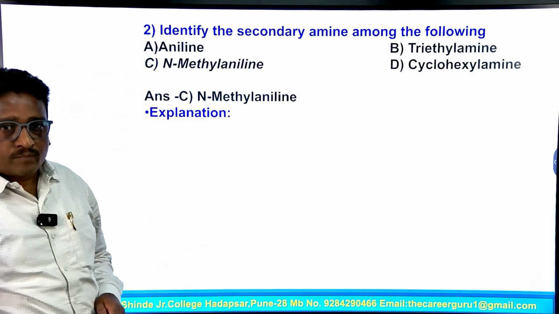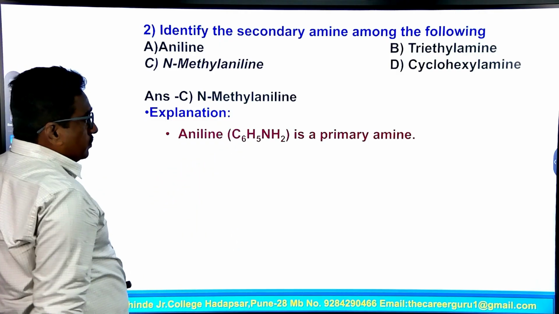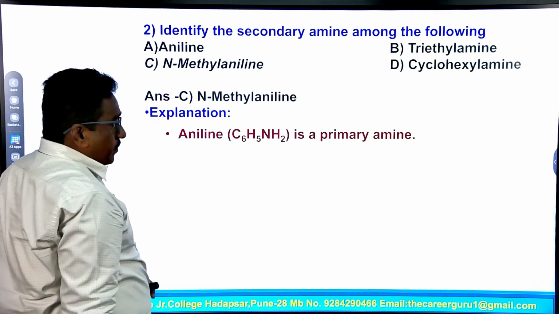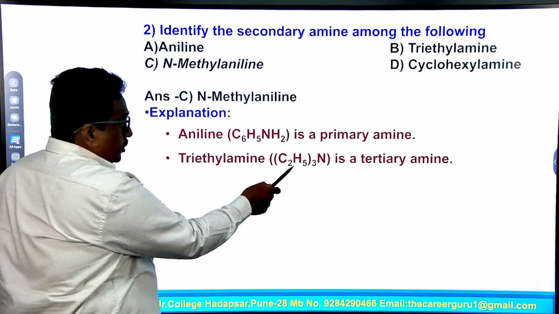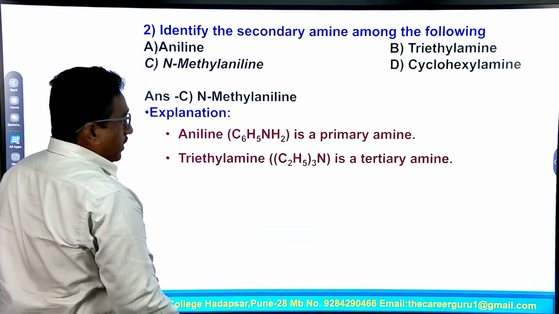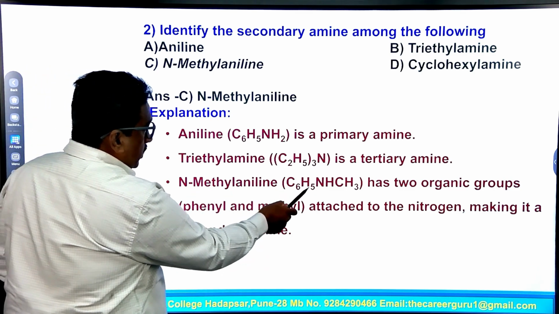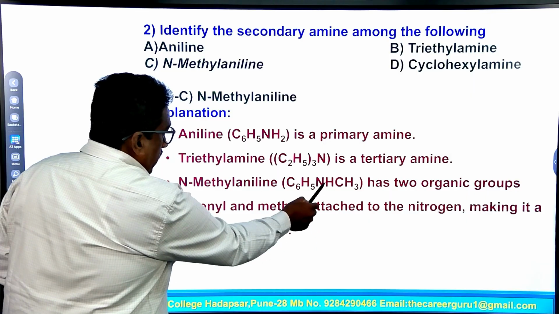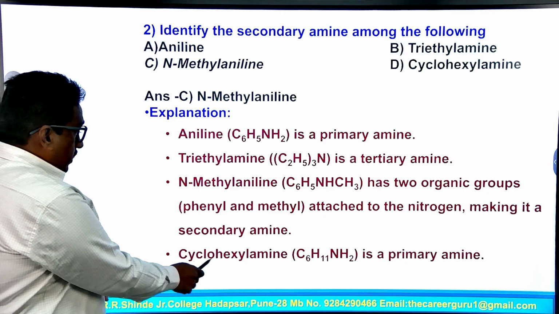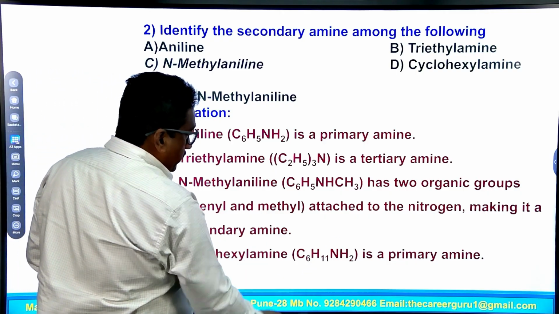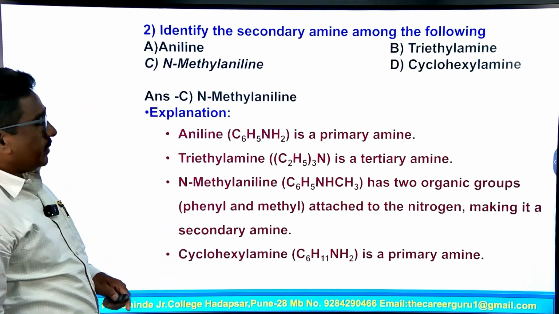Number 1, aniline, C6H5NH2, is a primary amine. Triethylamine, (C2H5)3N, is a tertiary amine. N-methyl aniline, C6H5NHCH3, is a secondary amine. And number 4, cyclohexylamine, C6H11NH2, is a primary amine. So, the correct option is option C, N-methyl aniline.